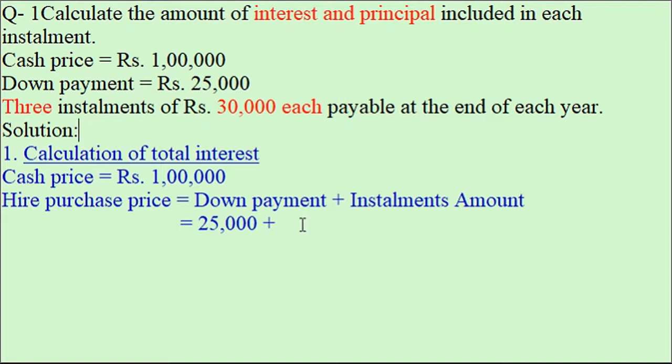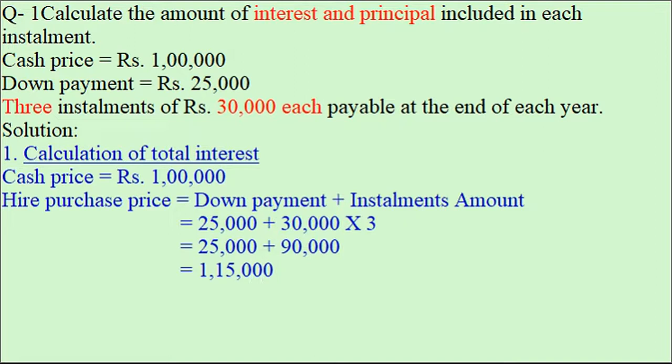So totally he will be paying 90,000 installment amount. That is 30,000 installment every year into the installment. So that gives you 25,000 down payment plus 90,000 installment amount, and the total hire purchase price is rupees 1,15,000.